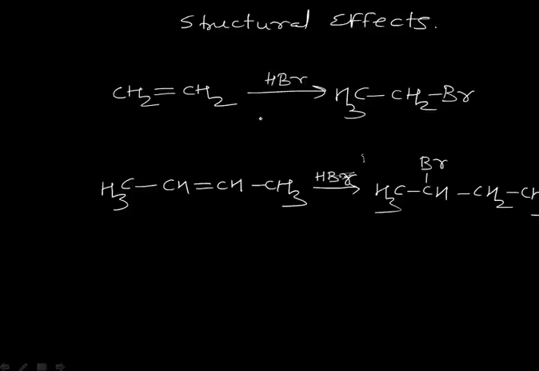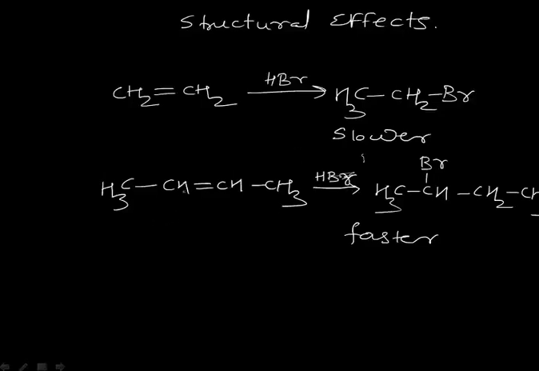So in both the cases we have addition of HBr across the carbon-carbon double bond of our alkenes, and it was observed that ethene reacts slower than 2-butene, or addition of HBr across 2-butene is faster than the addition of HBr across ethene.